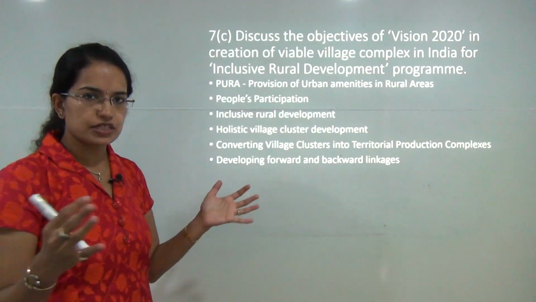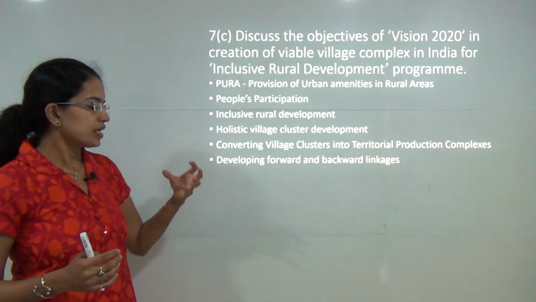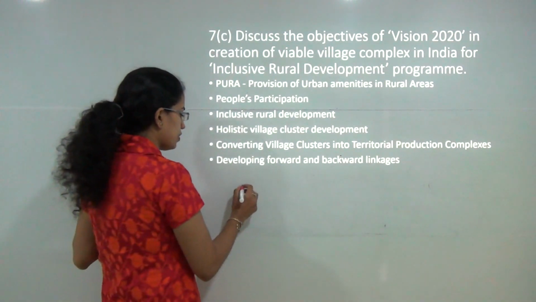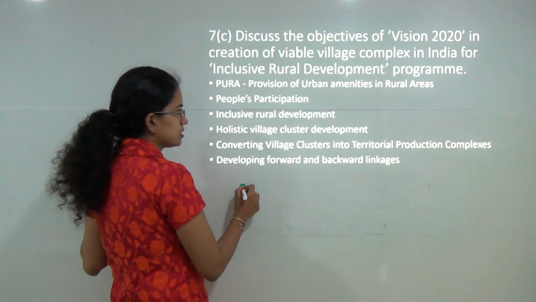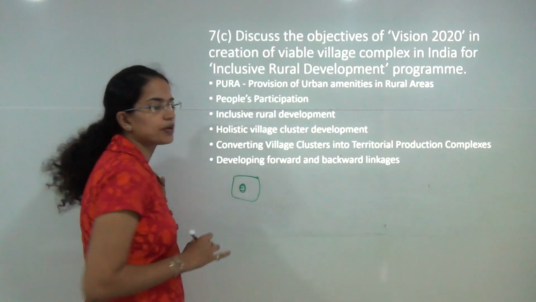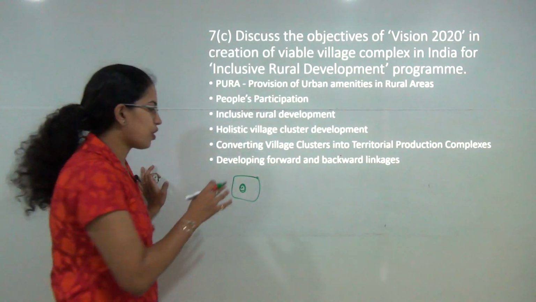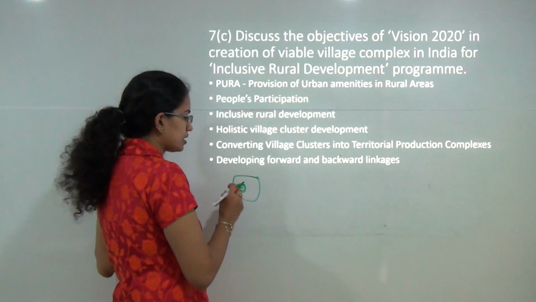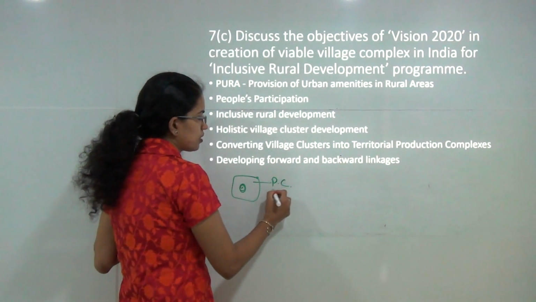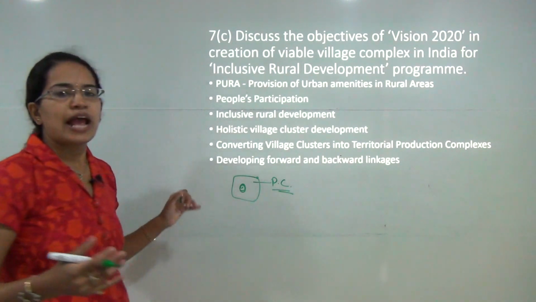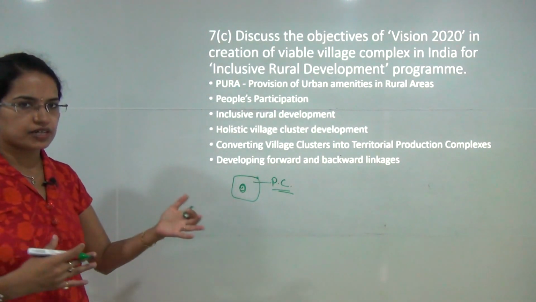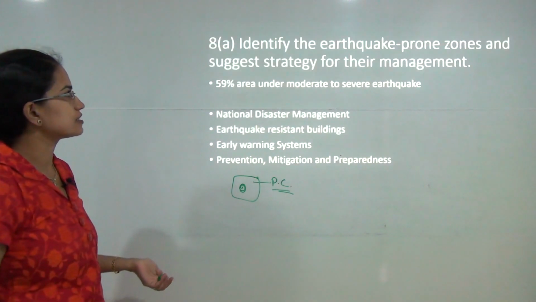There should be inclusive rural development, and the basic idea was to convert small rural clusters into territorial production units. They should not be simply rural areas, but production complexes, to increase the forward and backward linkages that exist in rural areas.